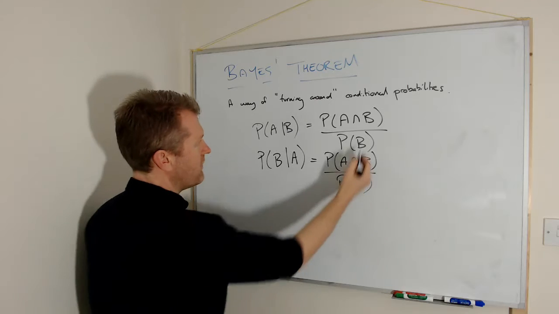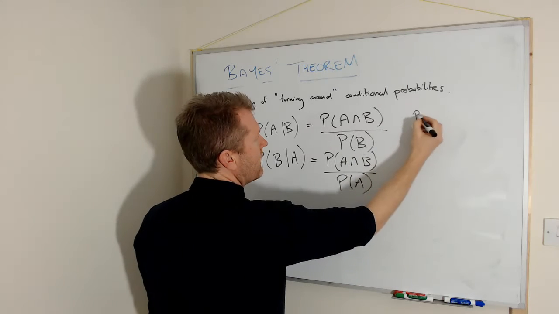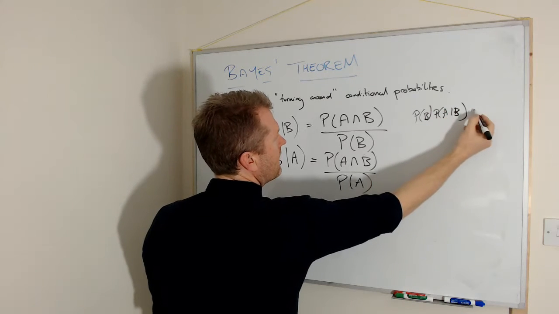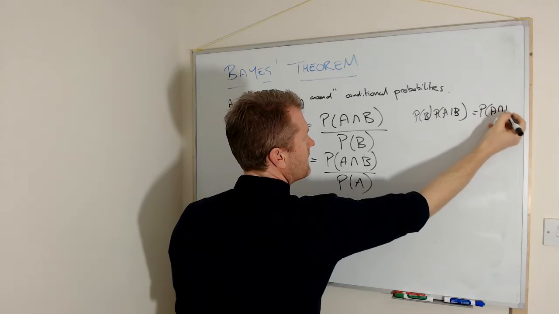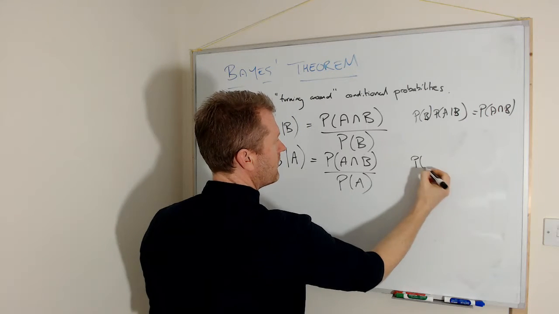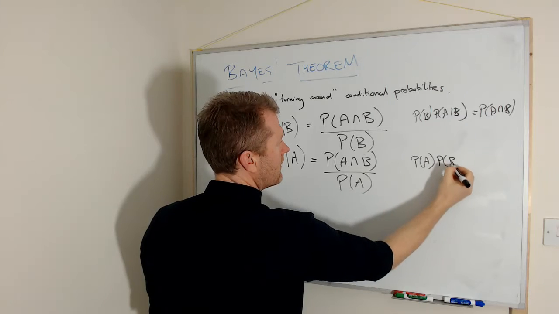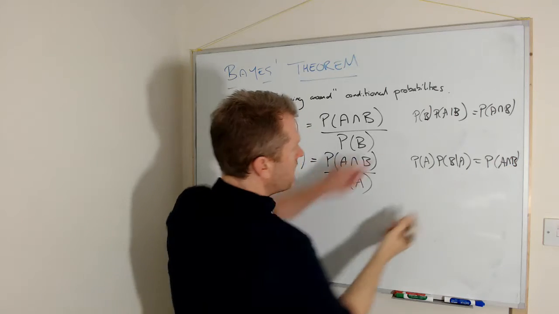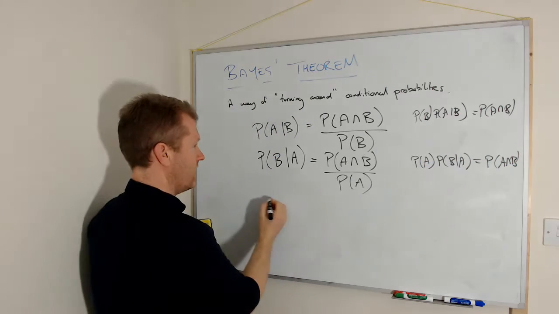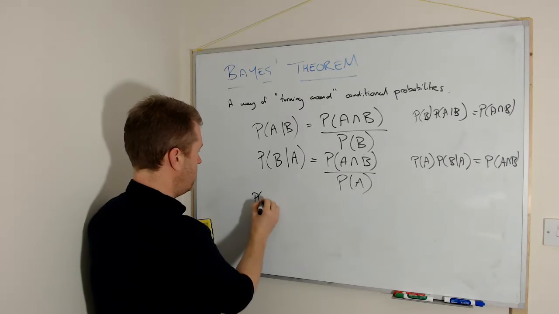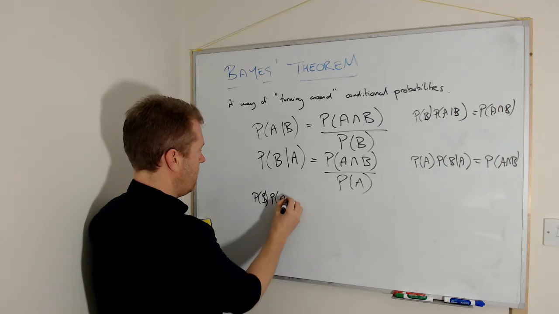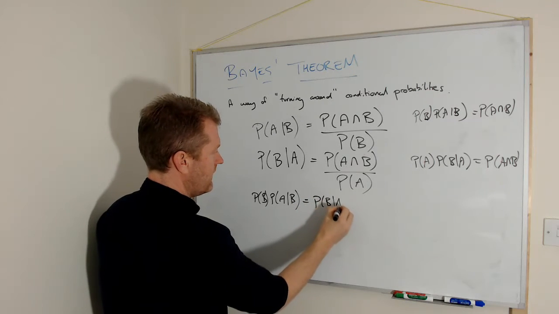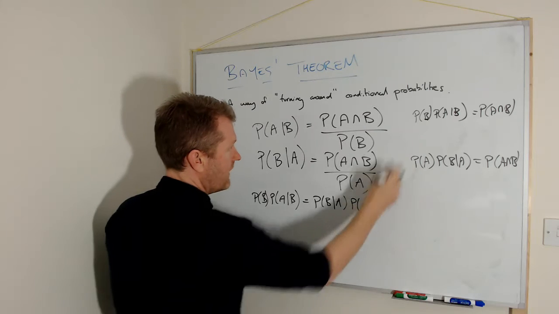Now if we multiply up on both sides, we get probability of B times the probability of A given B equals A intersect B. And on this one, we have probability of A times probability of B given A equals probability of A intersect B. So these two are equal because they're both equal to that. We have probability of B times probability of A given B is equal to probability of B given A times the probability of A.